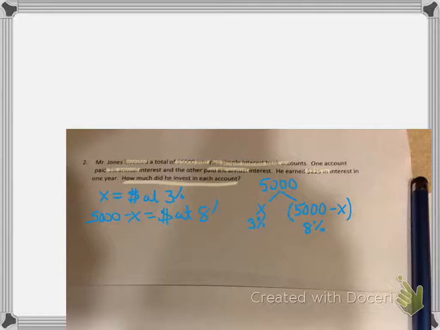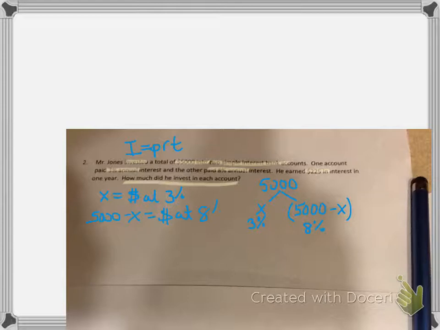So on this one, I'm not going to use 2 equations and use substitution or elimination. I'm going to go ahead and build an equation based on interest equals principal times the rate times time. So simple interest is going to equal whatever you put into it times the rate times the time.